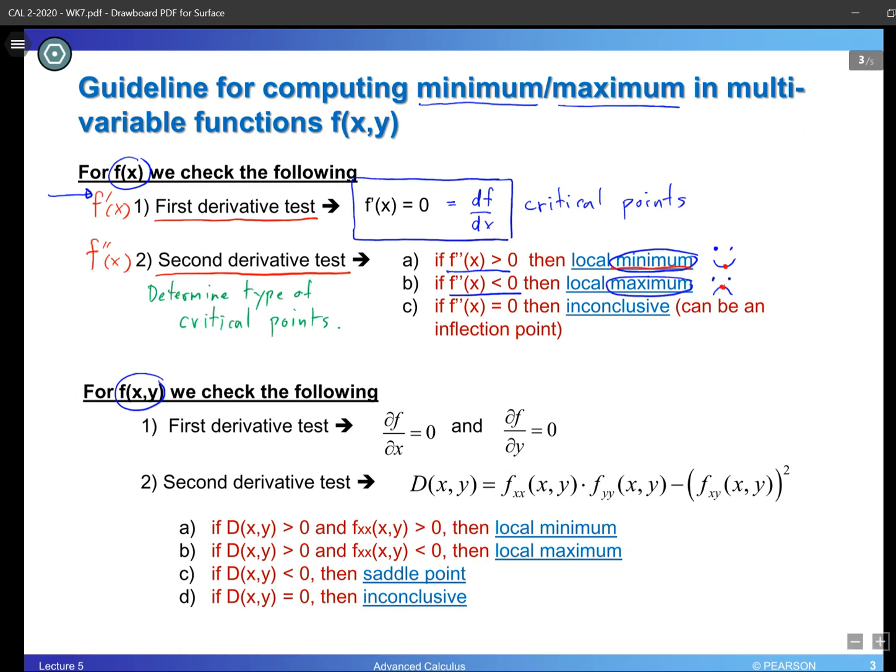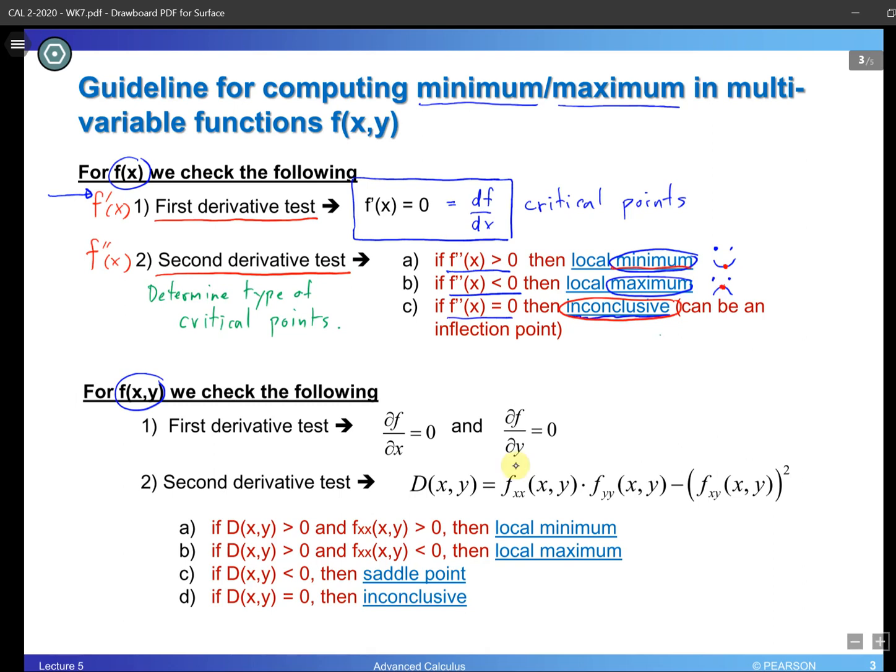And for the last condition, you have f double prime of x equal to 0. If you have this, the conclusion is inconclusive. Inconclusive means that you don't have any conclusion about it. You don't know anything about it. It can be anything. So let's add it right here.